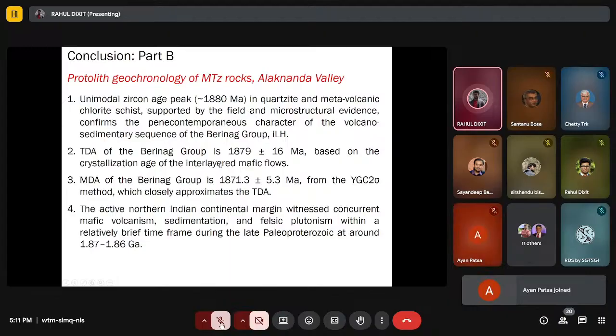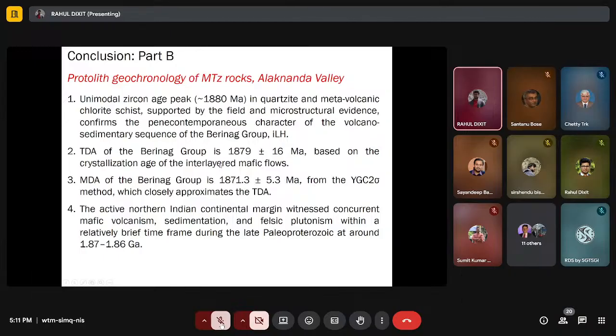The active northern Indian continental margin witnessed concurrent mafic flows, which are represented by the chlorite schist. The maximum depositional age of the Berinag group is 1871 ± 5.3 Ma, constrained from the YGC 2σ method, which came out to be the best method for constraining the maximum depositional age.